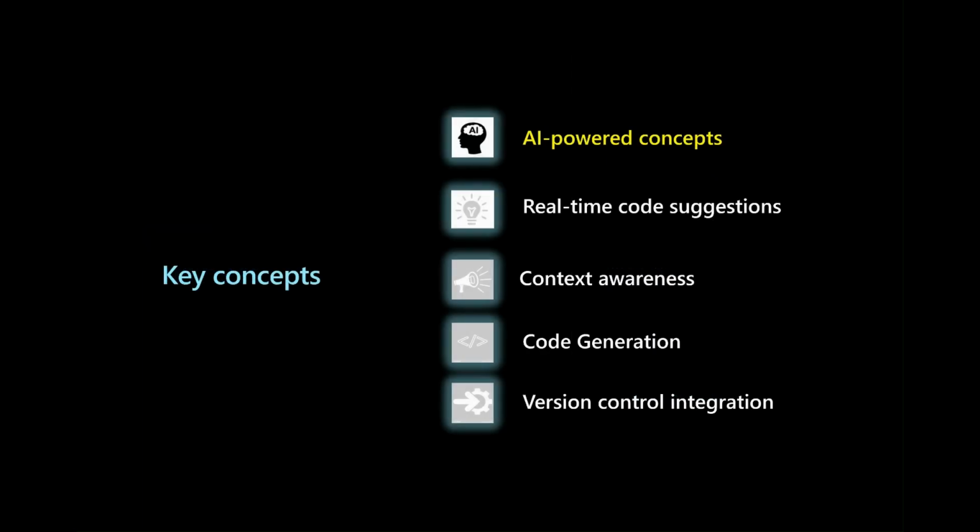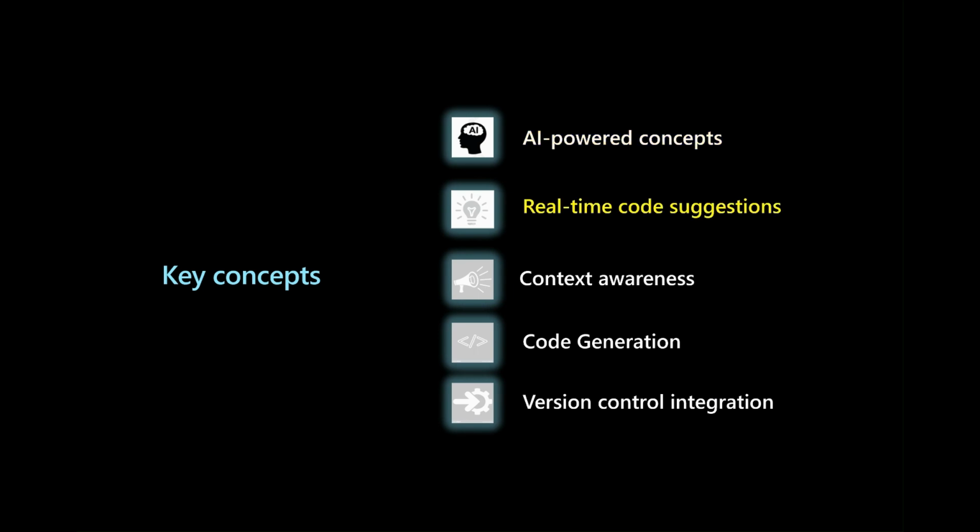The next comes the key concepts. We have the AI-powered concept. GitHub Copilot is an AI-driven coding assistant developed by GitHub, joining hands with OpenAI. It leverages advanced machine learning and NLP, that's natural language processing, techniques to provide intelligent code suggestions and assistance.